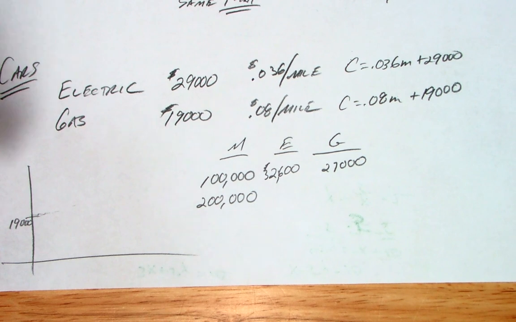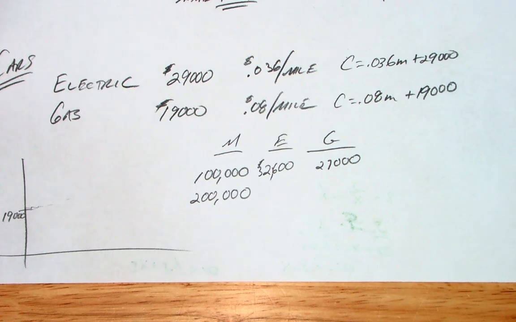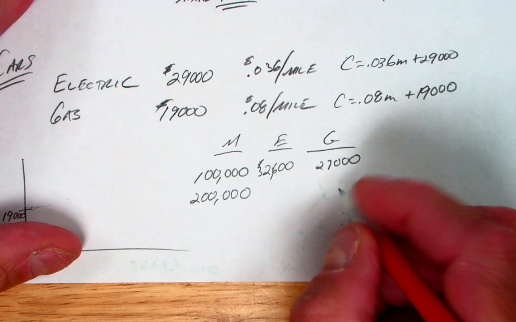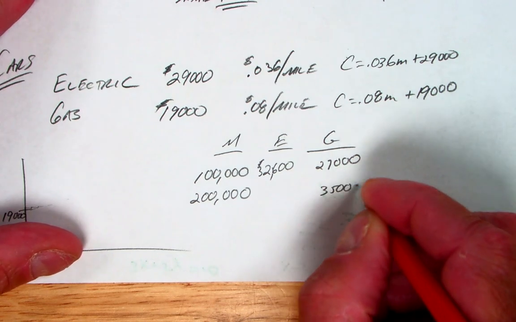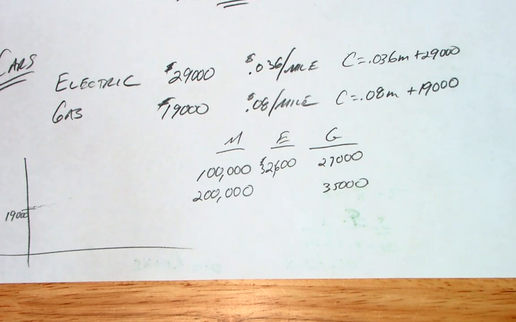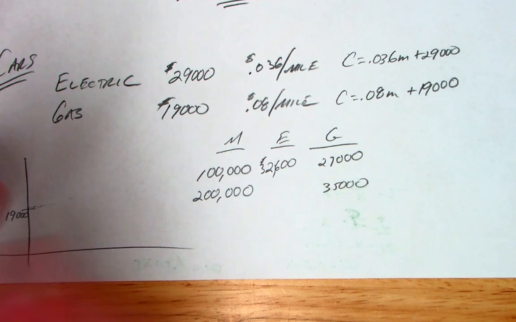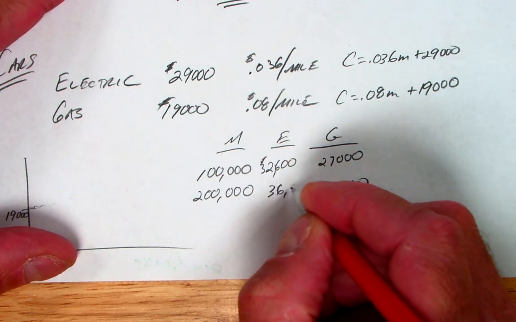Ladies, electric. Let me know when you compare with somebody else so you're confident enough about your answer. 35,000 for gas. Ladies, 36,200.